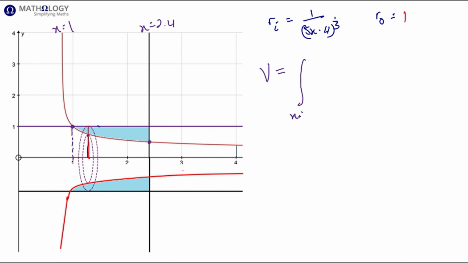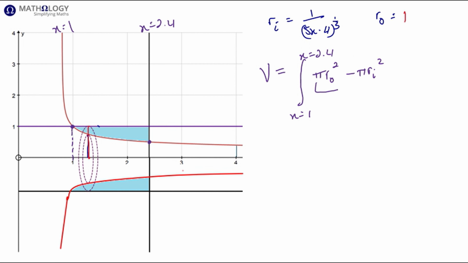The area of the circular cut is pi r squared, so we're going to have pi times the outer radius squared minus pi times the inner radius squared.